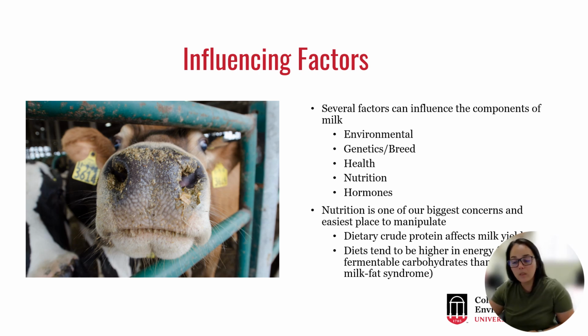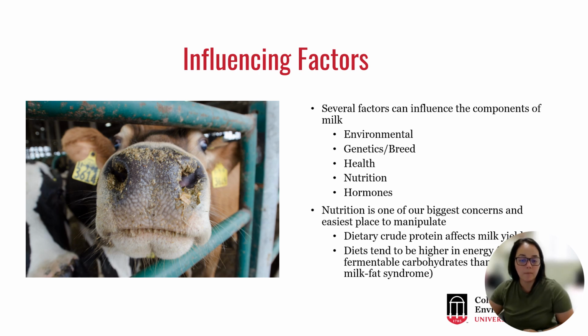Nutrition, as we've seen, and the basis of this whole presentation, can obviously influence the milk contents and the amount of milk contents that we see in milk. And then, as we discussed, hormones are another influencing factor that goes into milk components.